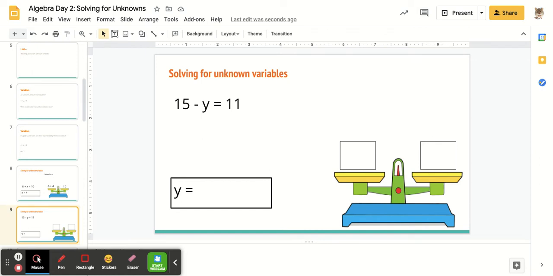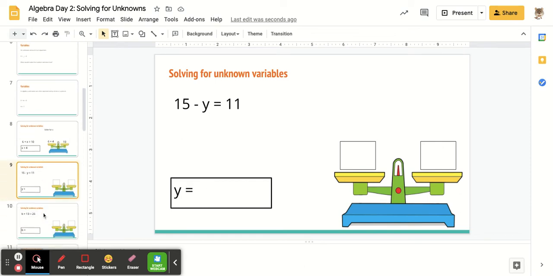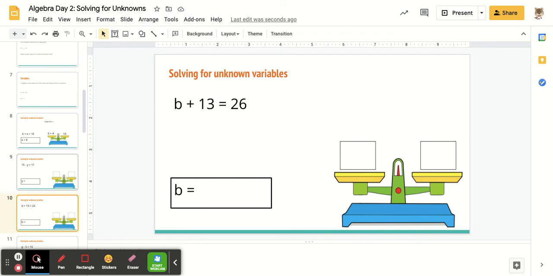So I know that 15 minus 4 is the same as 11. So 4 is my variable, so I would write y equals 4 and put my unknown in. So you have many equations like this that you're going to do on these slides.